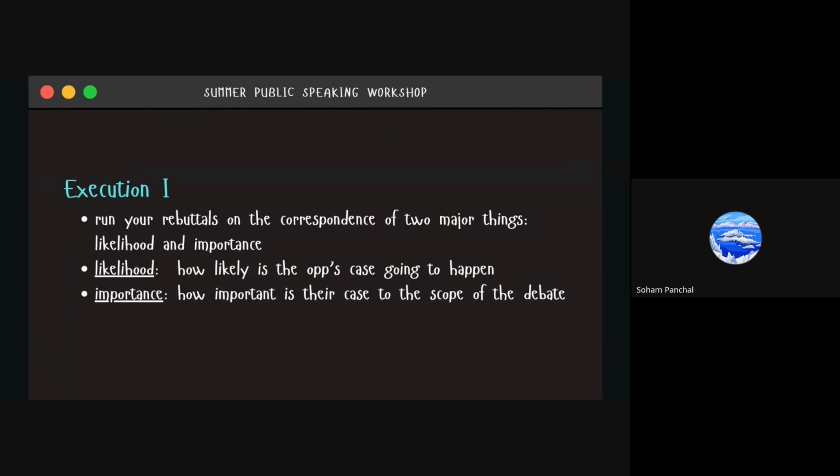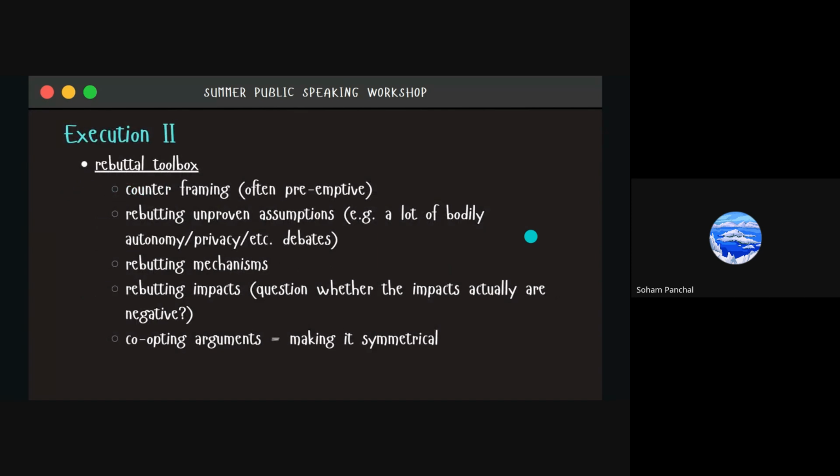And the importance is how that argument is important to the scope of the debate, or to the motion, or to the burden provided. So you could build your rebuttals on these two things.